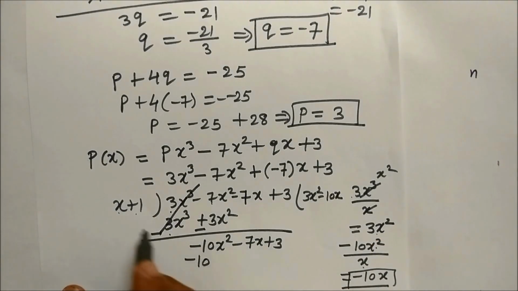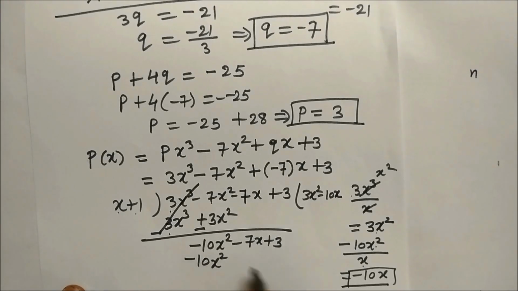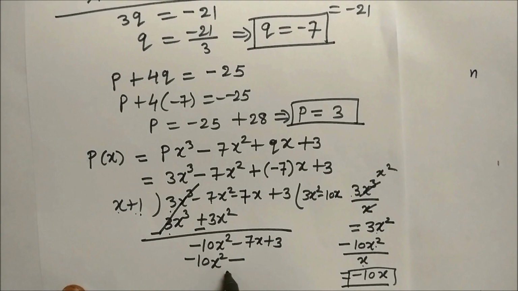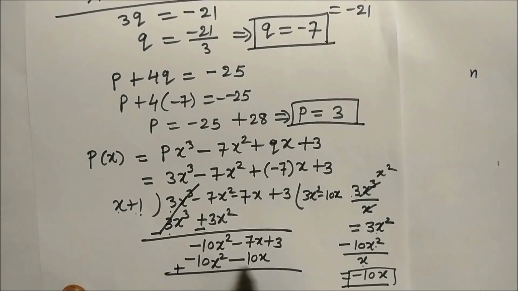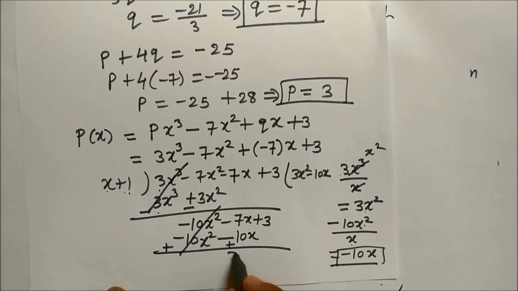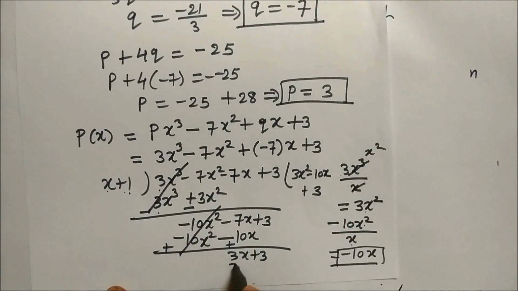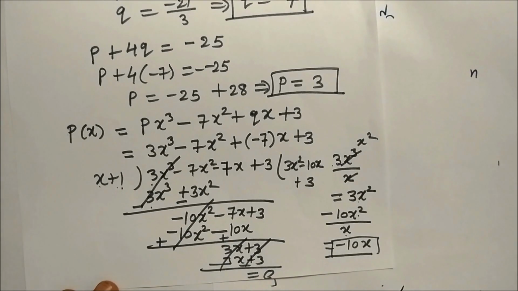Minus 10x multiplying in first, so it becomes x square, multiplying in the second term, so minus 10x, plus, we can cancel it. Now we have here plus 3x plus 3. If we multiply 3 in this part, plus 3, so we will get here 3x and here also 3x. We can cancel it, so we will get here remainder 0.